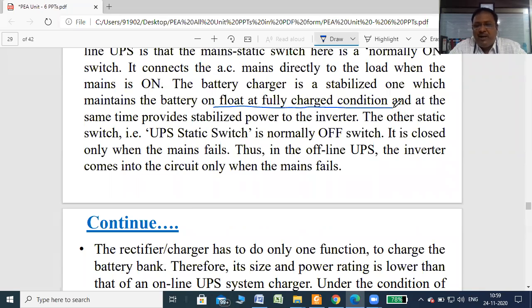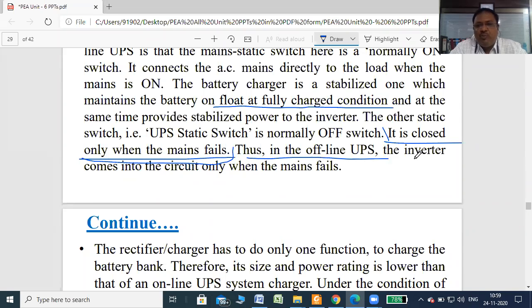The battery charger is a stabilized one which maintains the battery on float at fully charged condition. It means that if battery is fully charged, it automatically turns off and at the same time provides stabilized power to the inverter. The other static switch, called UPS static switch, is a normally off switch. It is closed only when mains fails.